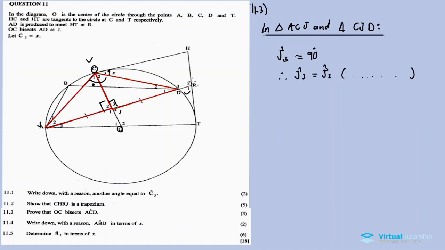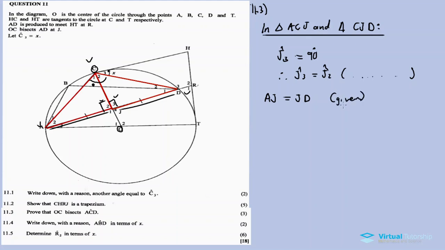Boom, so we have shown that this angle is equal to that angle. Now look, I can also see that this is given, by the way: side AJ is equal to side JD in these two triangles. AJ is equal to JD, right? This is given.